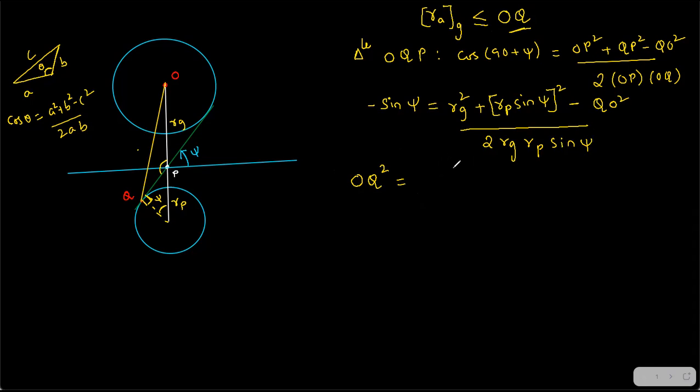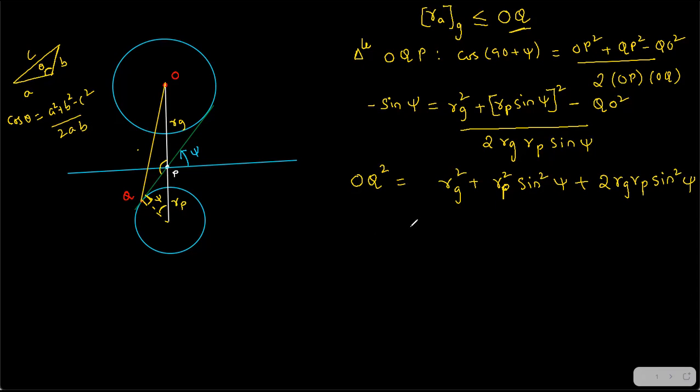So if you do that, automatically you are going to get something like this: RG square plus RP square sine square psi plus 2 times RG RP sine square psi. This is what you're going to get. After the cross multiplication, send this LHS value to RHS and OQ square to LHS. Just make it that way and then you are going to get this formation.